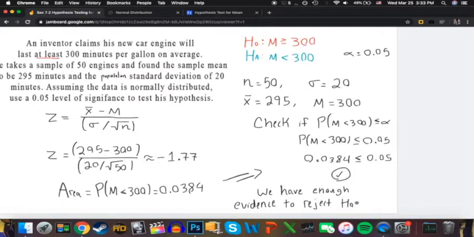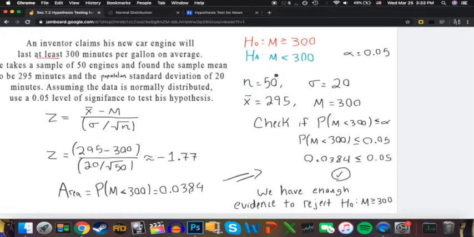And in which case the null hypothesis was mu is greater than or equal to 300. So because you have enough evidence to reject this statement, that means the alternate hypothesis can be accepted.